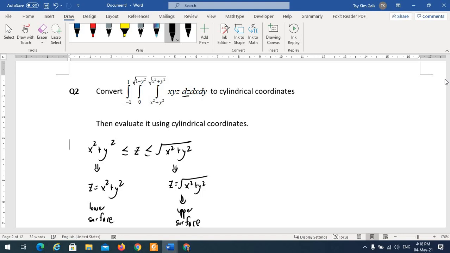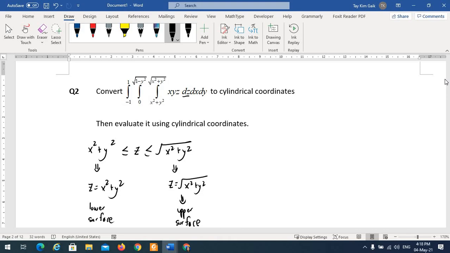And then you must be familiar with all these popular 3D graphs. z equals x squared plus y squared is actually a paraboloid, a paraboloid which opens up with minimum point x0, y0, z0.